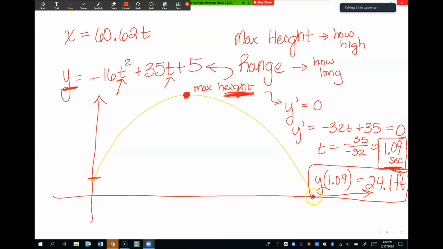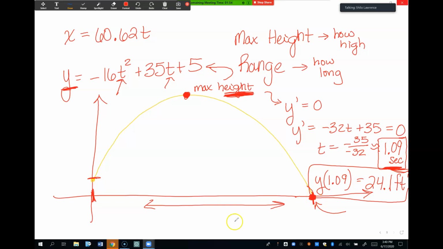Range is how far horizontally it goes. So this particular point right here, if I knew this distance, I would know the range. So the one thing that I am absolutely certain is happening at that point is that my projectile has hit the ground, which means my height is currently 0.